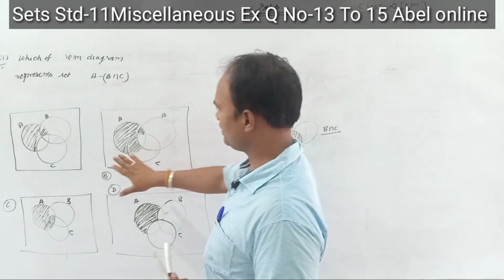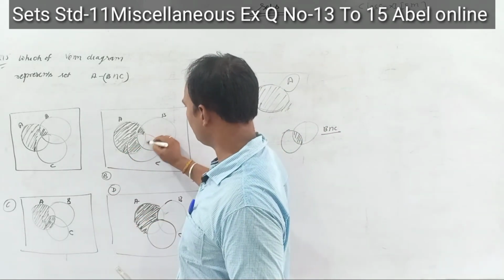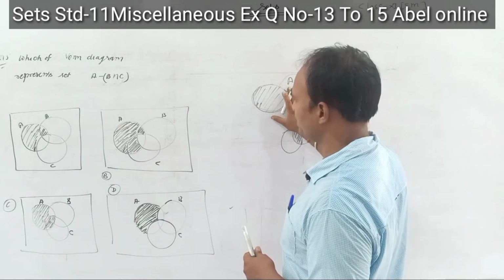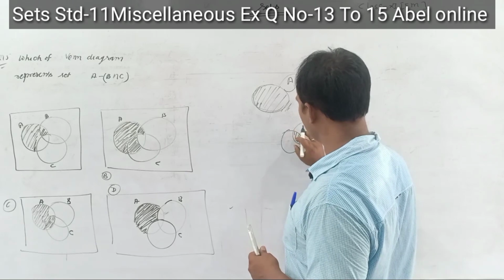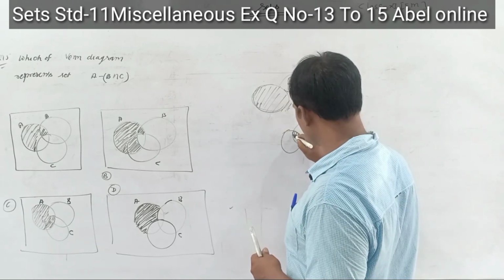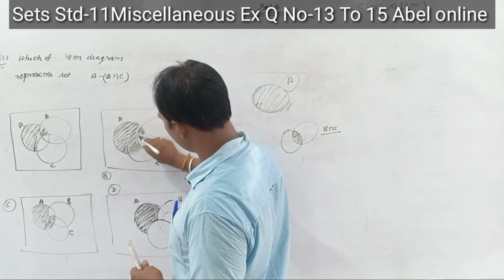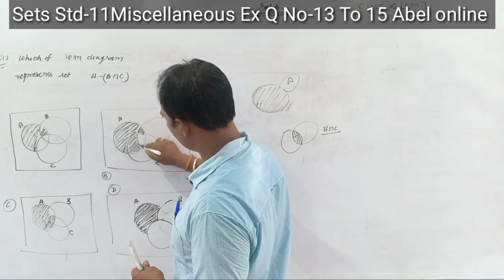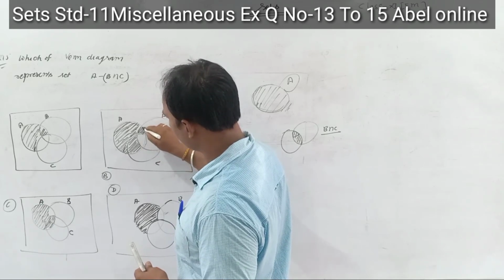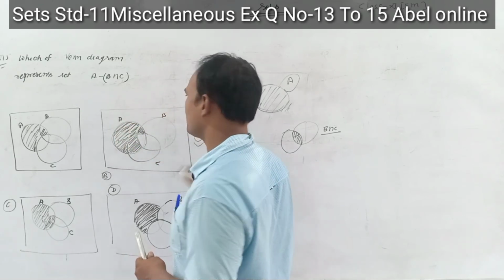So your answer is A, B, C, D. Your answer is B, because elements are from A, and the common elements between this and this is this area. So it is removed. Remove this area and what you get is from A, so it is your answer. So your answer is B.